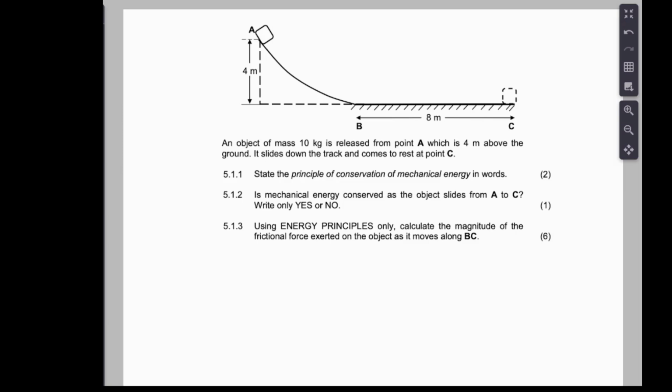This means that the net work would equal the change in kinetic energy. So we want to calculate the non-conservative force, which in this case, because it was trying to stop the object, would be the frictional force.